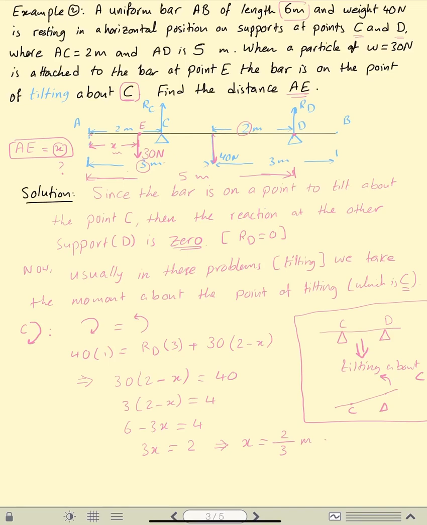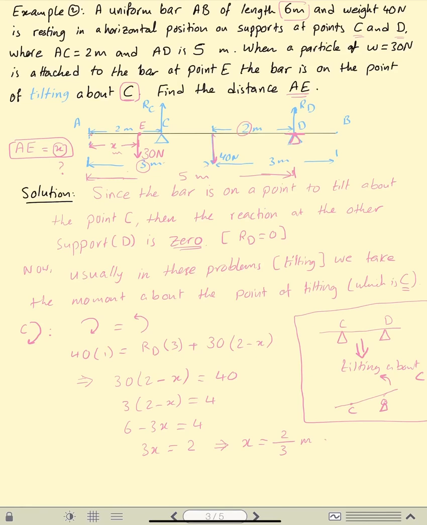What will happen here? When the support, dear students, is not on the rod, there is no force then. Look, RD was here. D, the support, was on the rod, or the rod on it. So when it's tilting like this, it's on the point of tilting, like a seesaw.